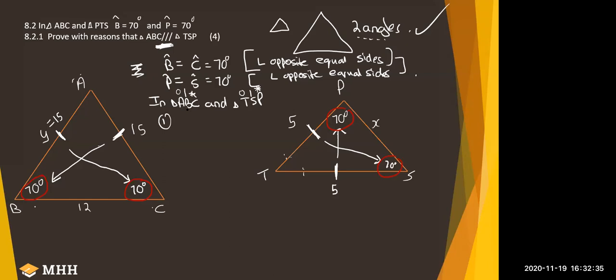And can you see, we just worked with angle B, which is 70, and it's equal to angle S, which is also 70. So I'm just going to say angle B is equal to angle S, is equal to 70 degrees, proven, because I proved it there at the top.